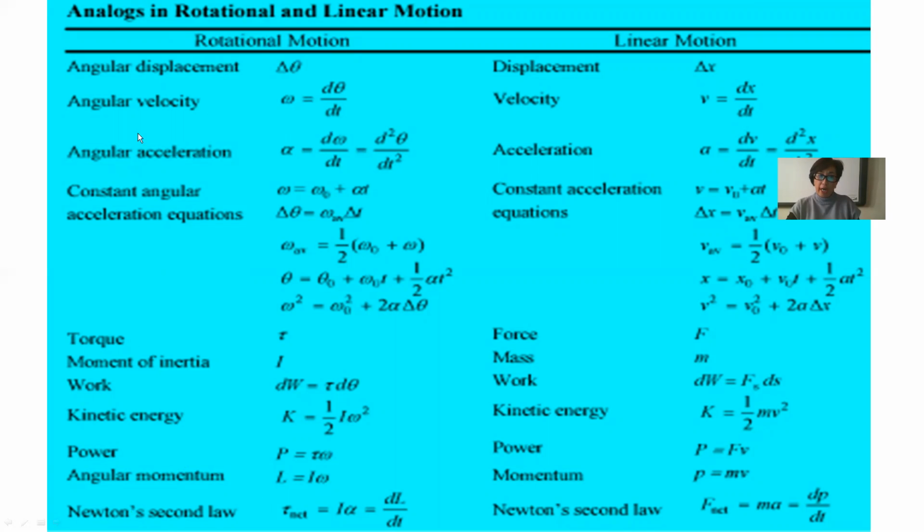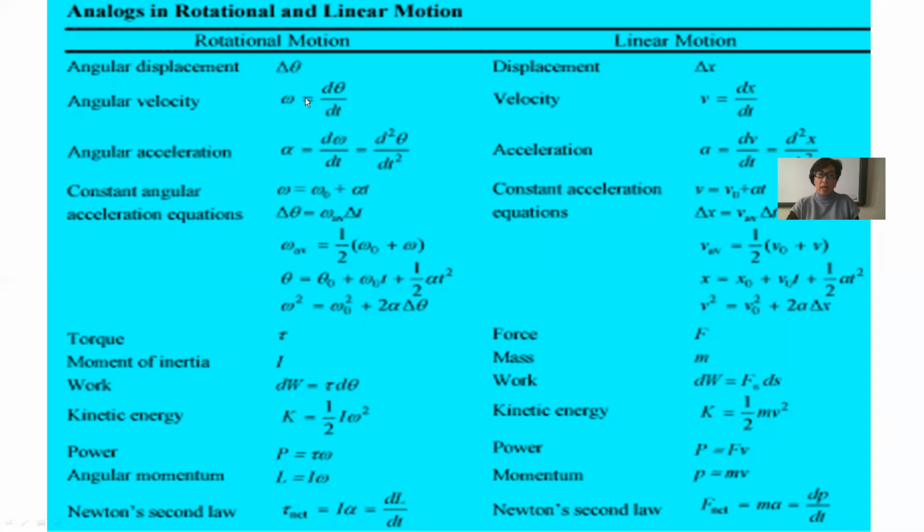In one column is rotational motion and in the other is linear motion. We know the analogies: angular displacement delta theta, and for linear motion delta x.